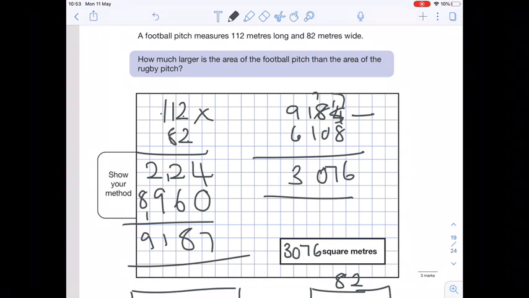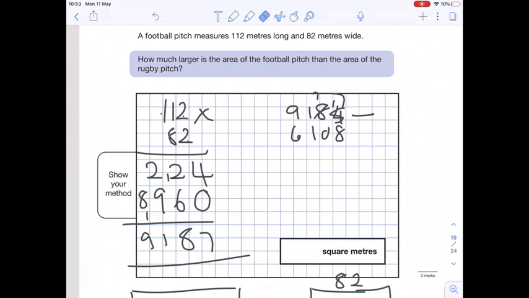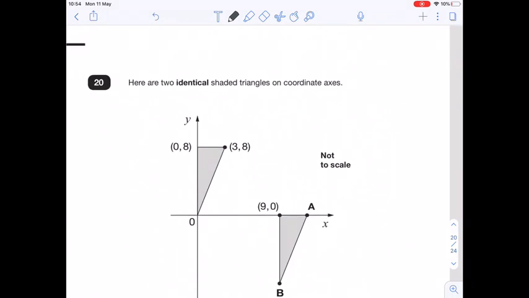If you got 2 errors, so you then did this one wrong as well, so you did 7 add 8 is, I don't know, 15, then you get 1 mark. So you'll have to judge. It's hard for me to judge if I haven't seen it, but obviously that shouldn't be right, that should be 4, and that should be a 4 as well. So if you got all of it right, 3 marks, big 3-mark question. If you got 1 mistake, 2 marks. If you got more than 1 mistake, 1 mark.